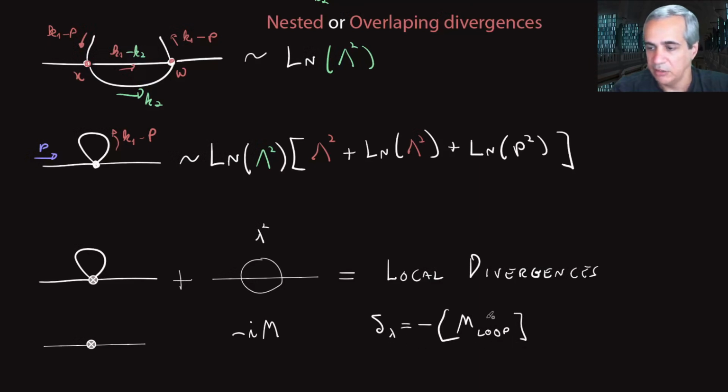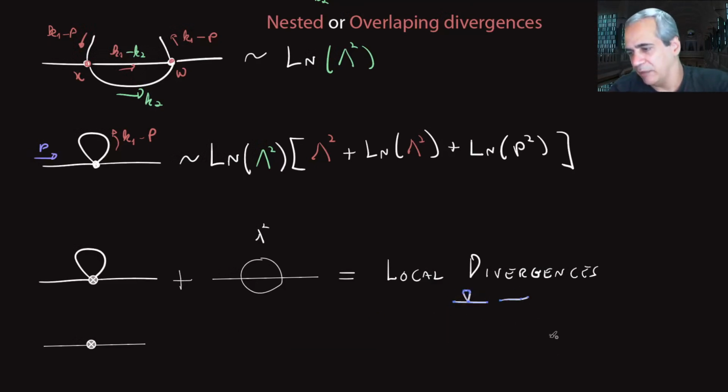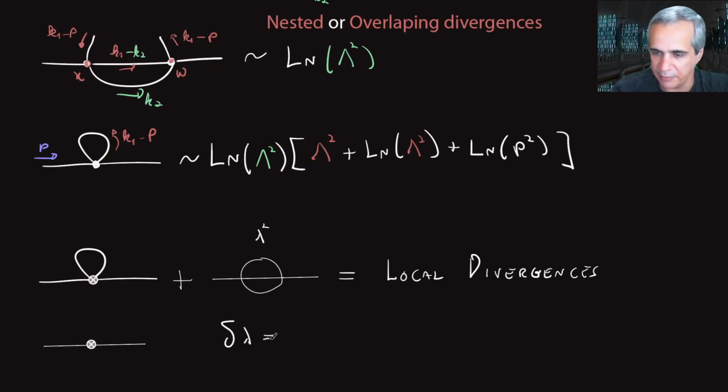Now I have an extra term here. Before I only had this one. Now I have the setting sun here too. And that means that my delta lambda, which before was just something of order lambda because it was canceling just this diagram, now gets also an order lambda square contribution.